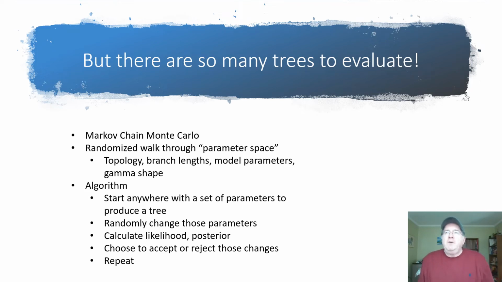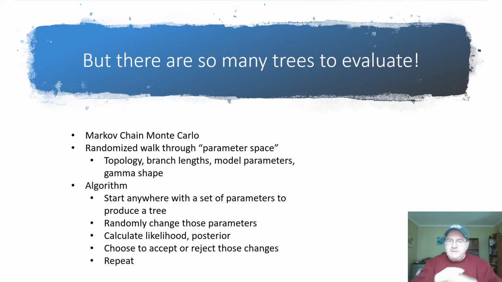figuratively speaking, imagine we took all the possible trees for a particular phylogenetic problem, and we imagine them in space somehow, and we reduce that space to, let's say, just 2 dimensions. Then we want to go through this parameter space where all the parameters of a tree are varied.